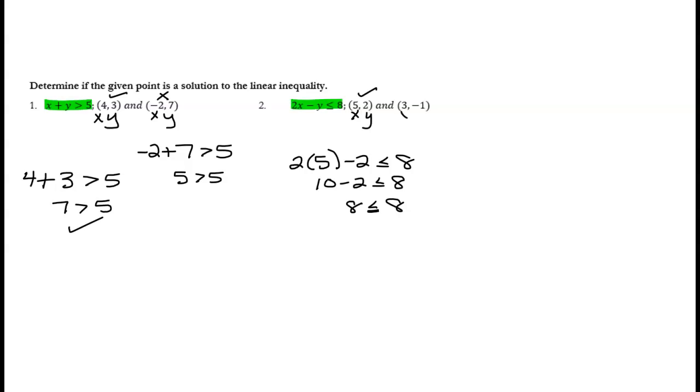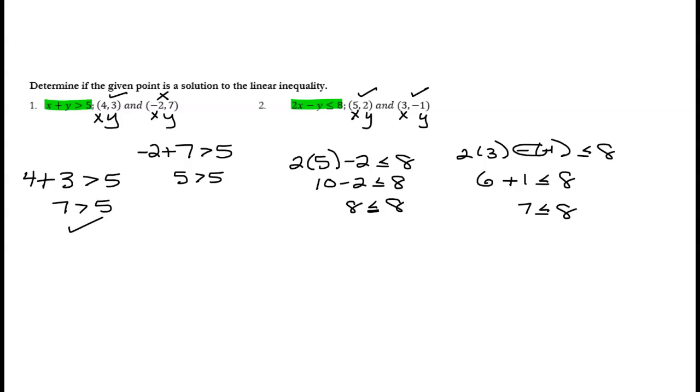Okay, and then let's try this last one. Again, just plugging in x and y. 2 times 3 minus negative 1 is less than or equal to 8. So that's 6 plus 1 is less than or equal to 8. So 7 is less than or equal to 8. And that's true. So both of those worked.